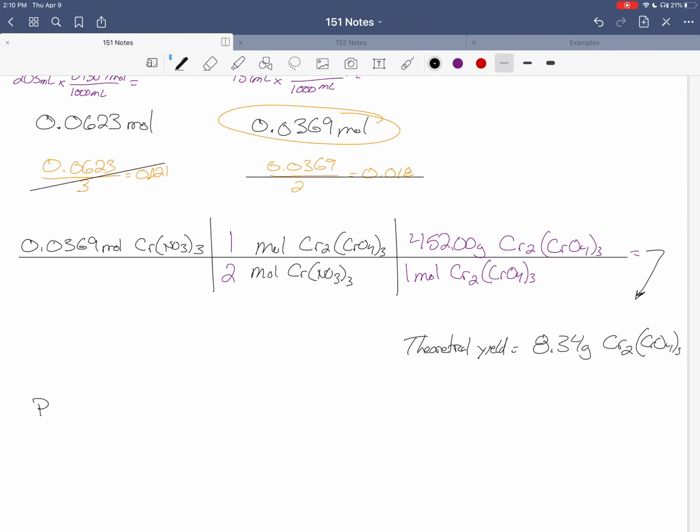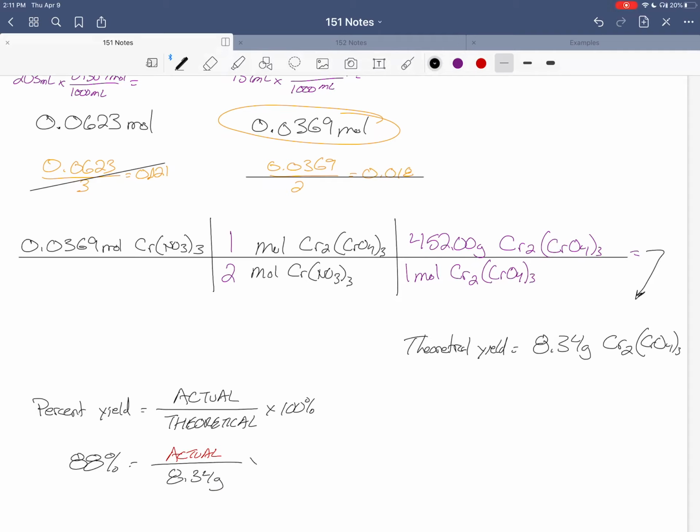Now, my percent yield is equal to the actual yield over the theoretical yield times 100%. So we know my percent yield is 88%. We don't know the actual, and we know the theoretical yield is 8.34 grams, and that's multiplied by 100%. Well, the first thing we can do is divide both sides by 100.